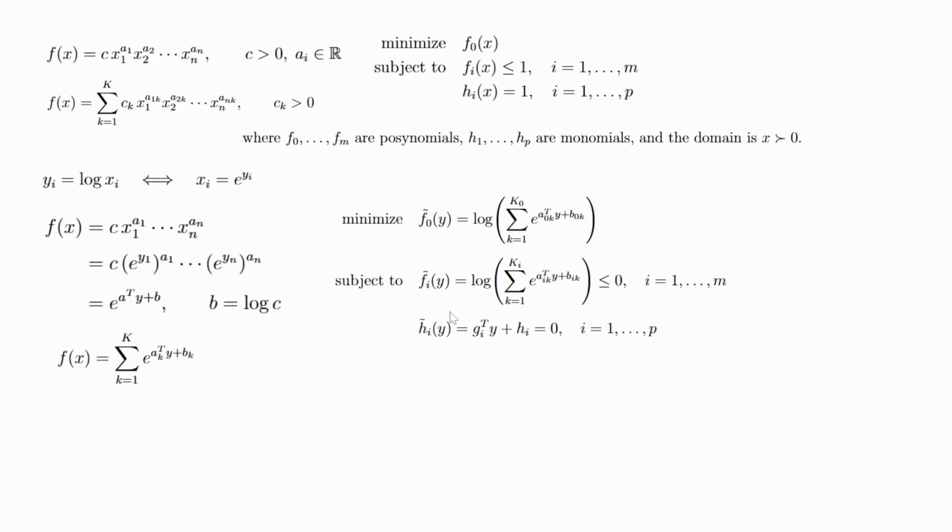Another nice observation is that if every polynomial in the problem has only one term, so everything is a monomial, then the log-sum-exp collapses to just an affine function, and the whole thing reduces to a linear program. So the geometric program is a strict generalization of linear programming.